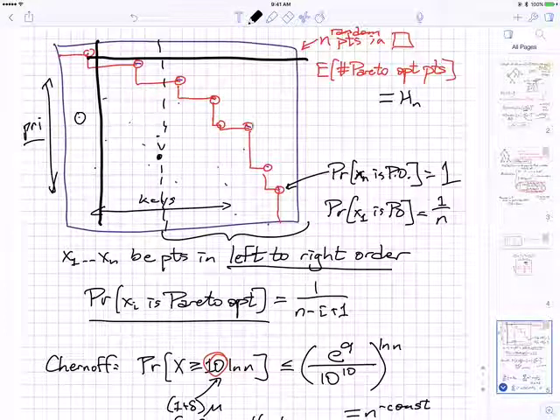Another way of expressing that is that the probability that x1 equals 1 and x2 equals 0 and x3 equals 0 and x4 equals 1 and so on is equal to the probability that x1 equals 1 times the probability that x2 equals 0, and so on. This is the form I would actually use.